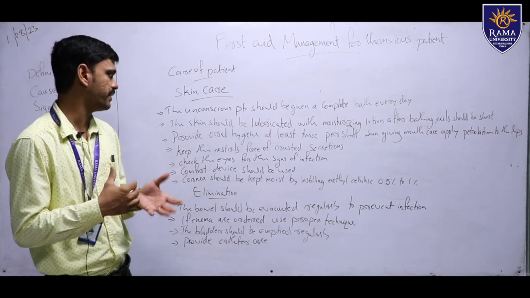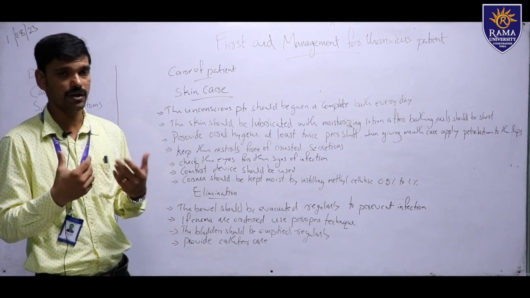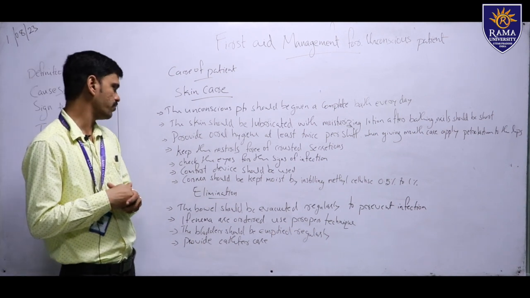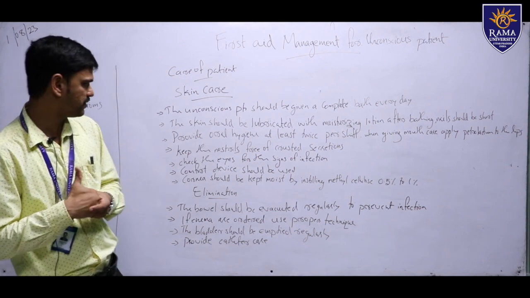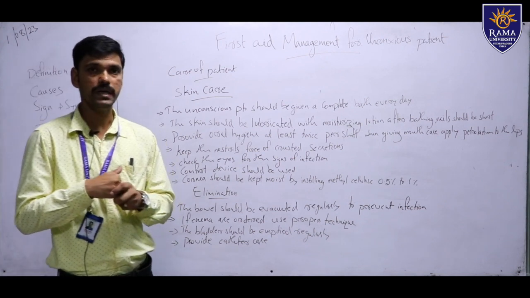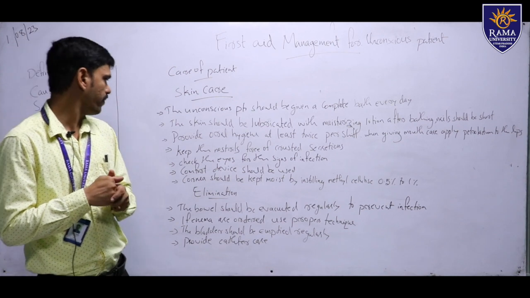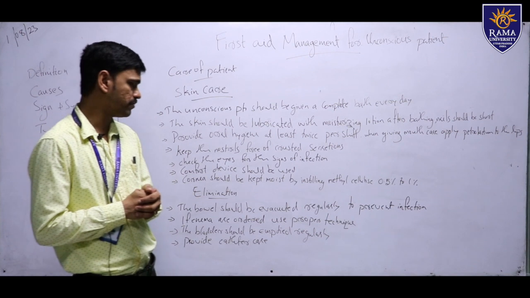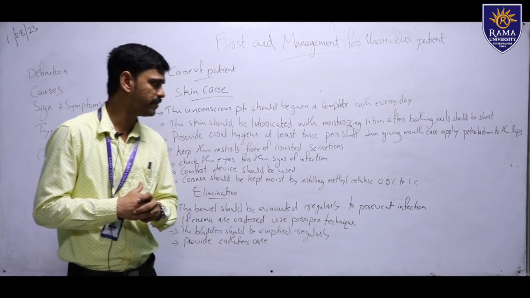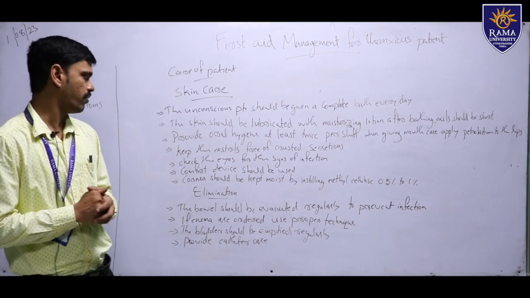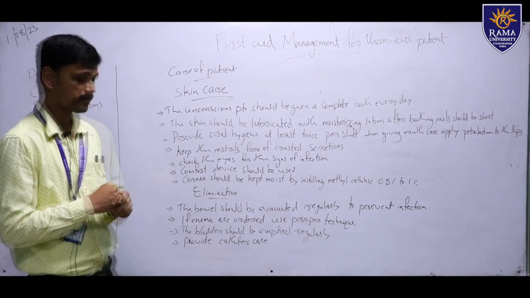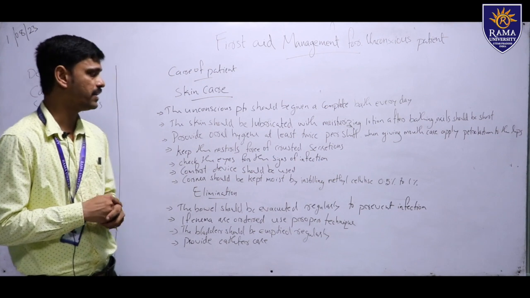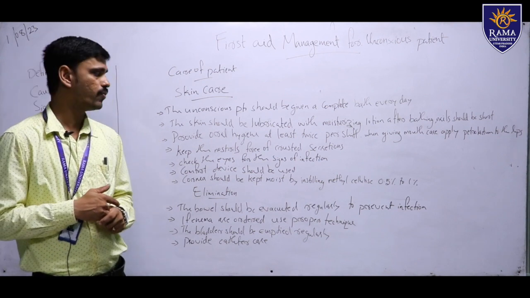And comfort devices should be used, and proper beds should be provided to the patient, and cornea should be kept moist by instilling methyl cellulose 0.5% to 1%. So cornea should be kept moist by instillation of methyl cellulose 0.5% to 1%.